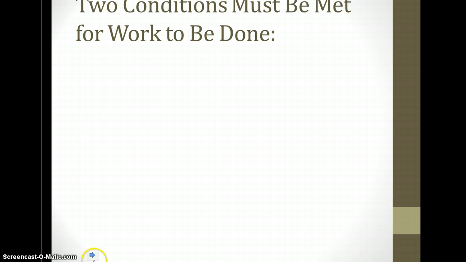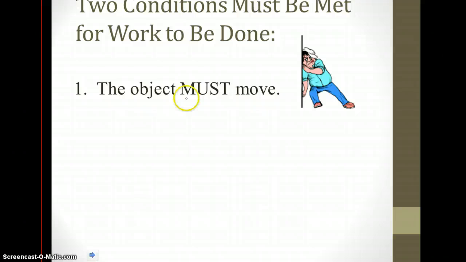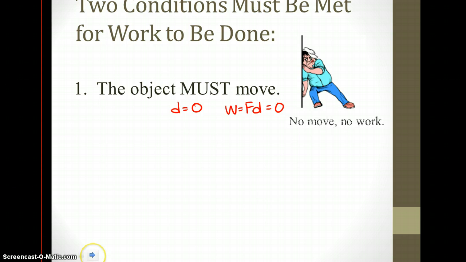In order for work to be done, two conditions must be met. The object must move. Even if I were to stand against a wall and push and push and push and apply a lot of force, the distance that the object would move would be 0, and therefore my work, which equals force times distance, would also equal 0.